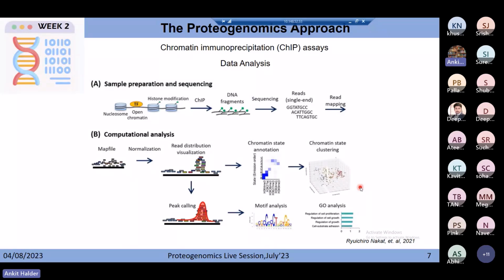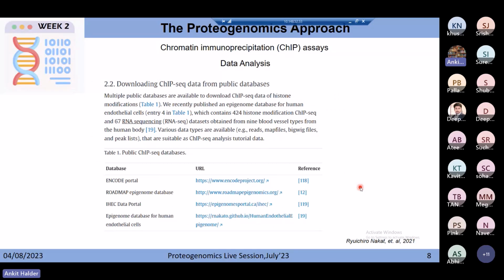Then you can find out whether it is in a motif region, or what is the role of that particular region of the DNA in further analysis. So this is how computational analysis helps us in mapping the region that gets attached to that particular DNA.